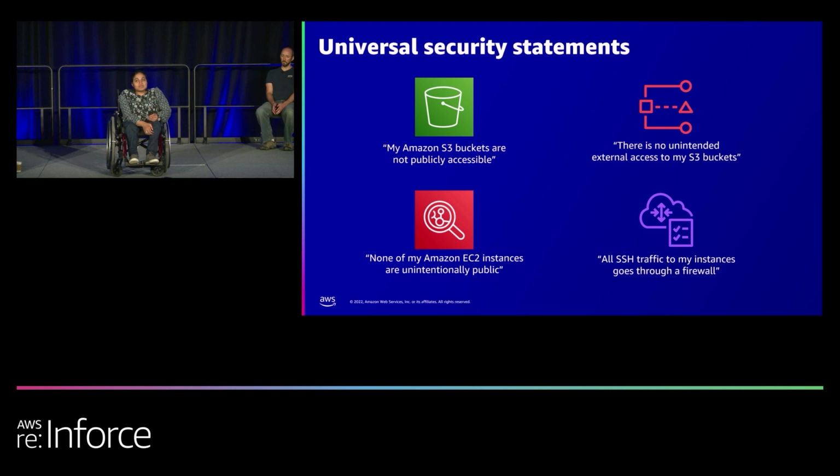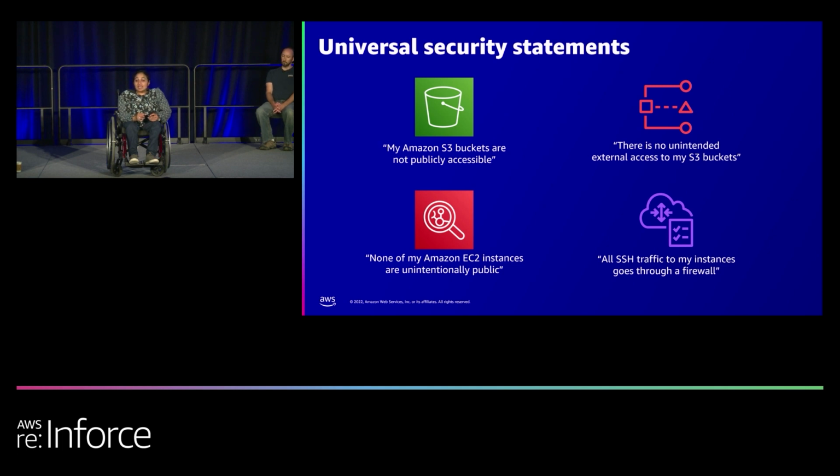So what are some universal statements you can make? My S3 buckets are not publicly accessible. There is no unintended external access to my S3 buckets. These are powerful statements. What about EC2 instances? You can say, my EC2 instances are not publicly accessible.